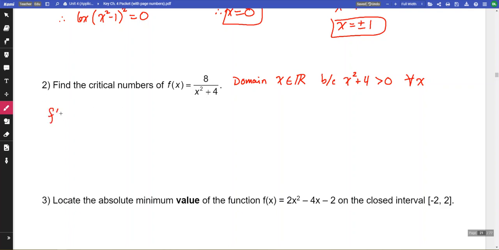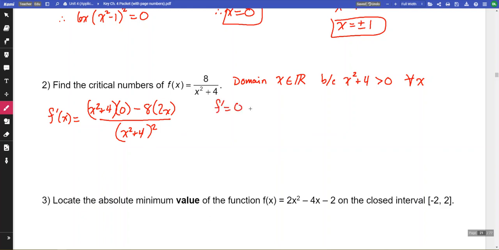So f prime of x, right, is going to be the bottom times the derivative of the top minus the top times the derivative of the bottom, all over the bottom squared. Now, f prime is going to be equal to 0 if the numerator, negative 16x, is equal to 0.